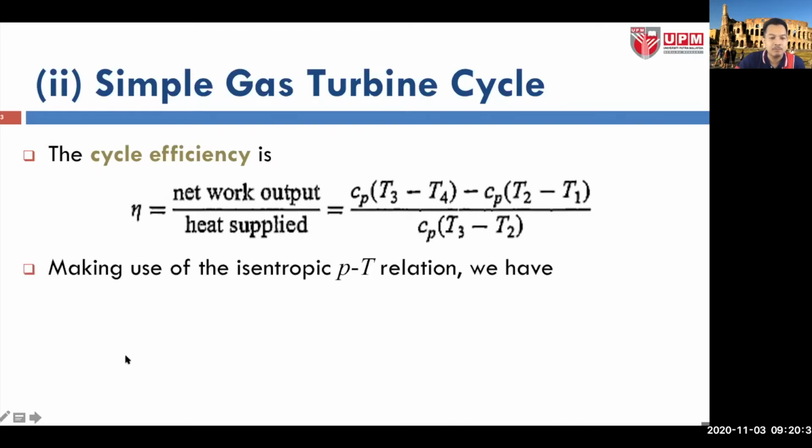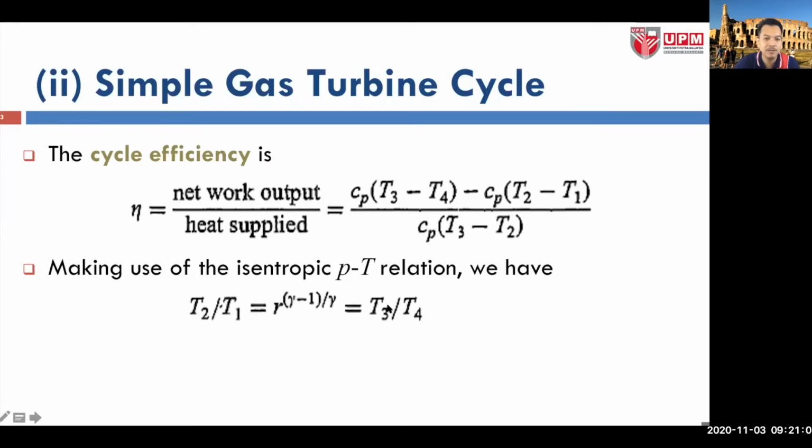So making use of the isentropic pressure temperature relation, we can write this expression: the temperature ratio at the compressor is equal to R to the power of (gamma minus 1) over gamma, where gamma is the ratio of specific heats. It depends on whether it is air or a certain kind of gas.